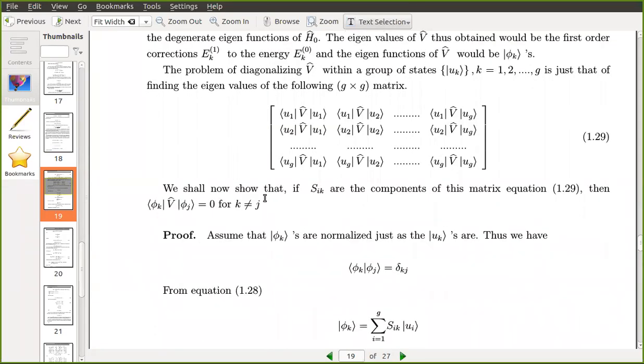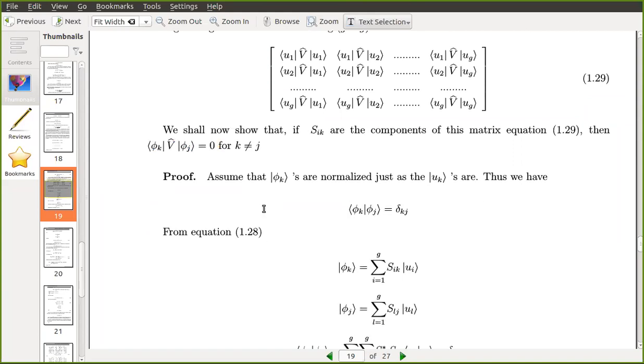Now we shall show that the s ik are the components of this matrix equation. Then the numerator also becomes very small or very nearly 0. For that you assume that our phi k's, which are the linear combinations, are also normalized, similar to the uk's. The uk's are already normalized.